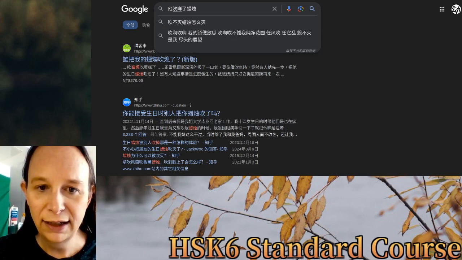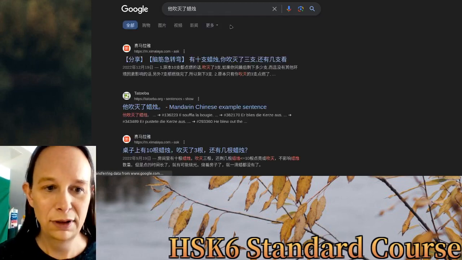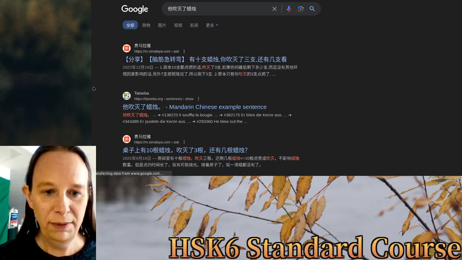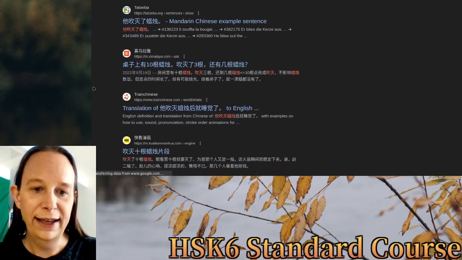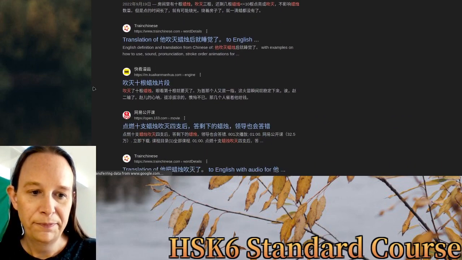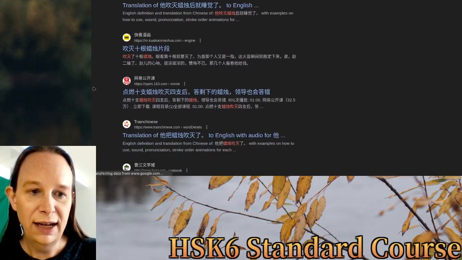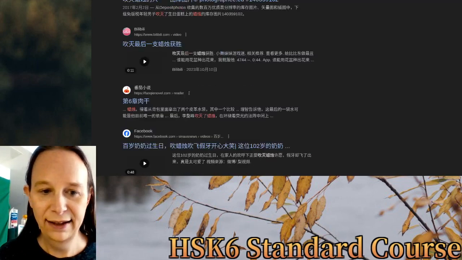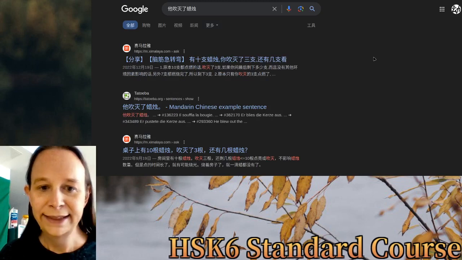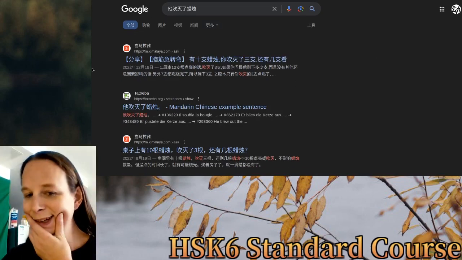Oh, it is that tree. No, that is a 吹灭了蜡烛。I think that's okay. 吹灭了10根蜡烛。Yeah, I think this one's okay. What do you think?